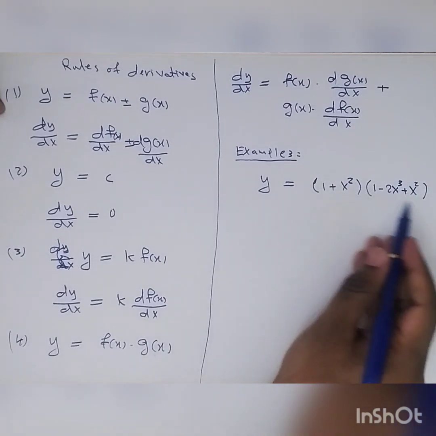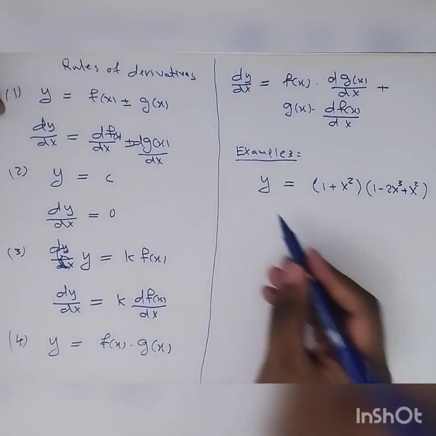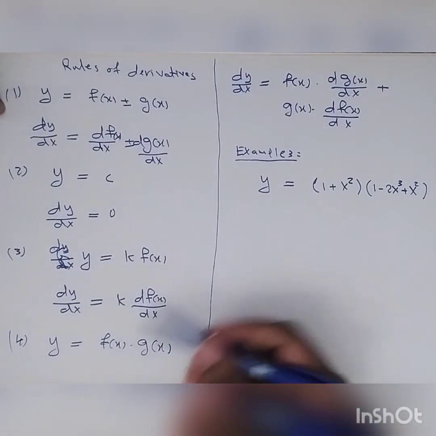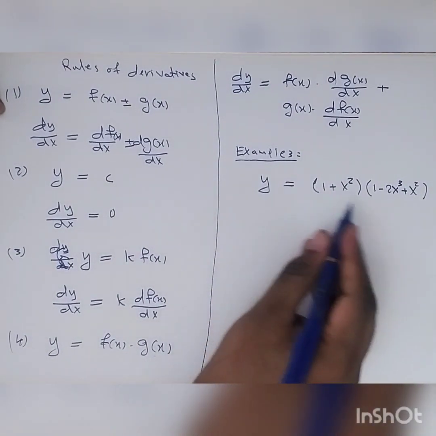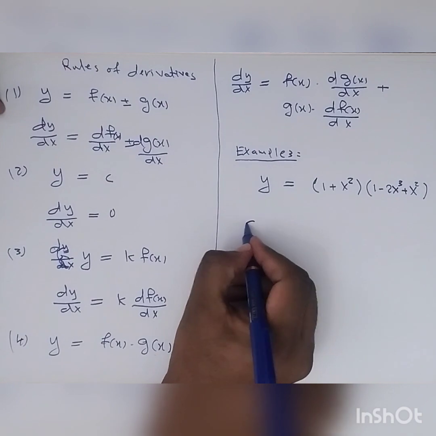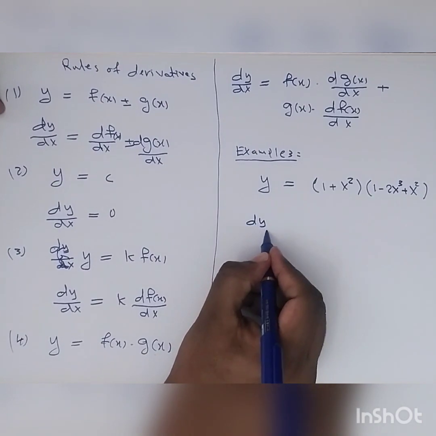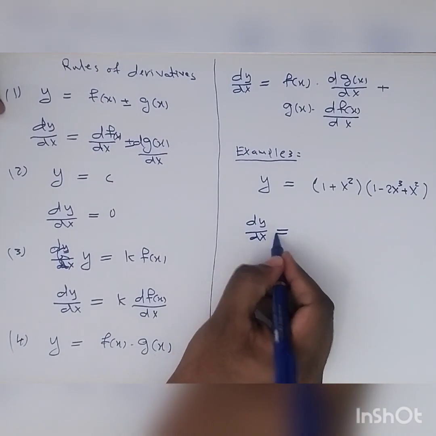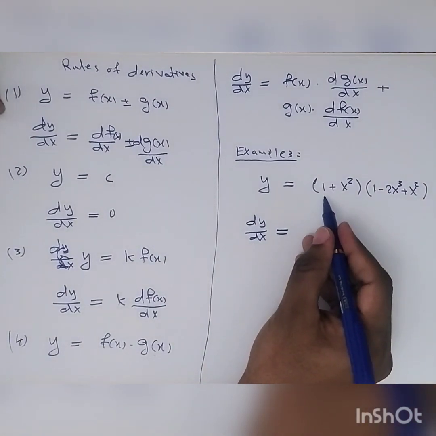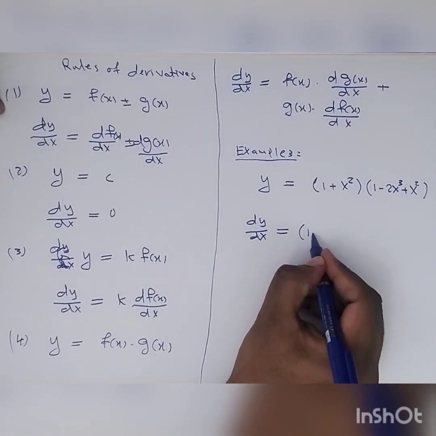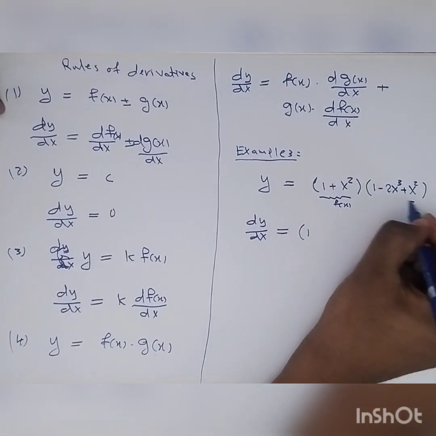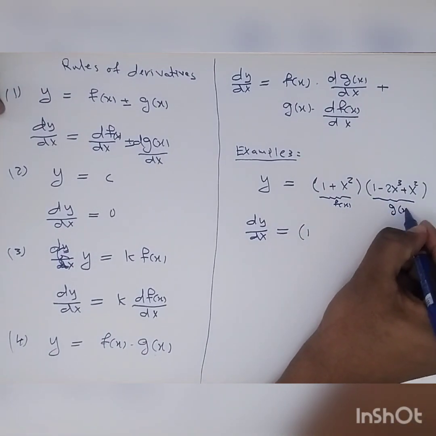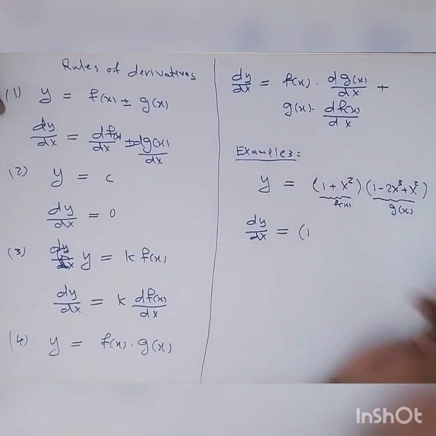Here, of course, you can also multiply directly, but the purpose now is to use the multiplication rule of derivatives. So if you would like to find dy by dx, that will be equal to, again, the first function, which is f of x, and now this is u of x. We have two functions multiplied by each other.